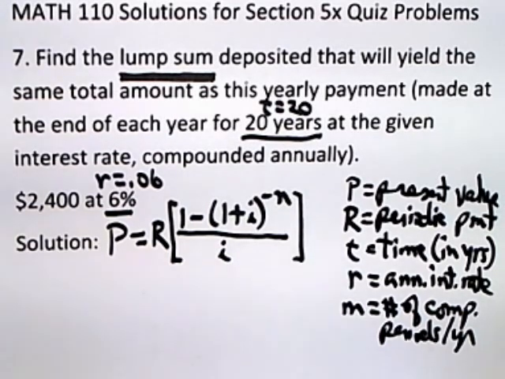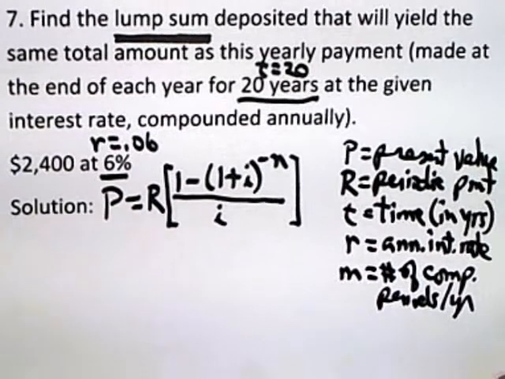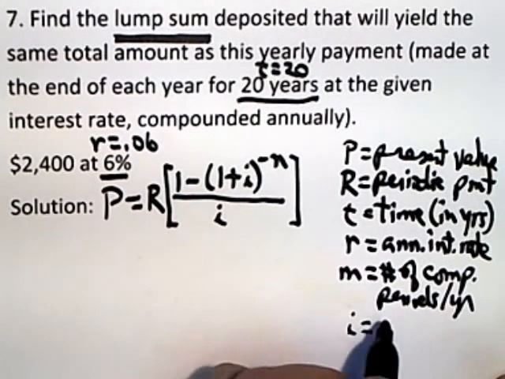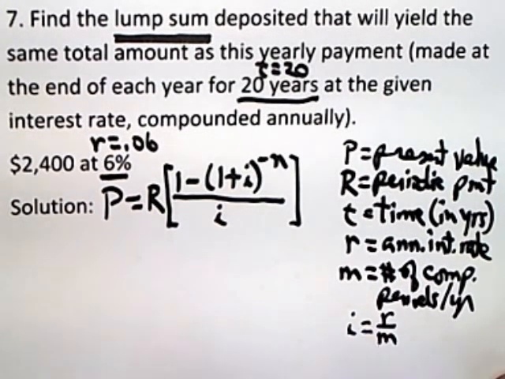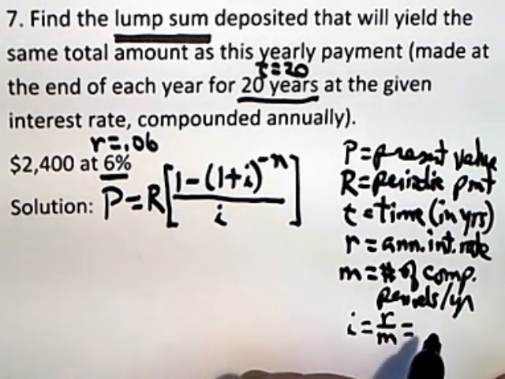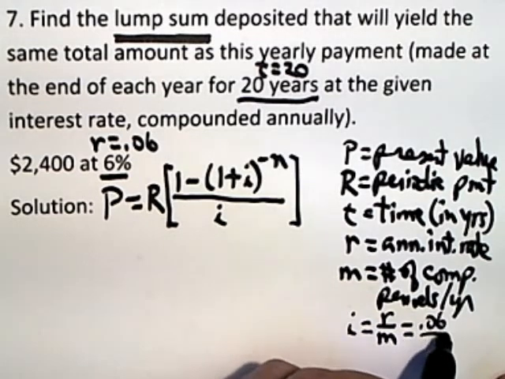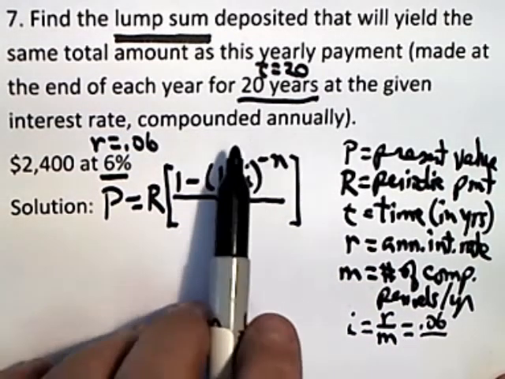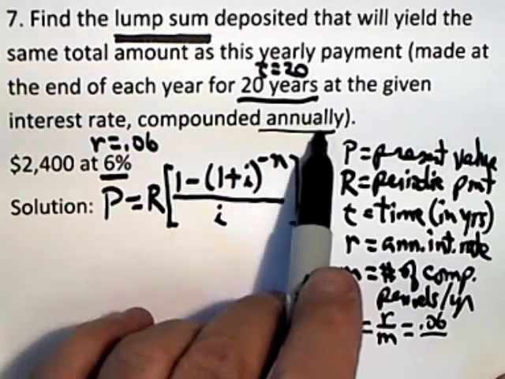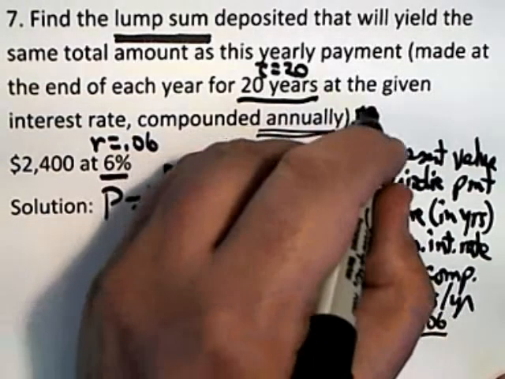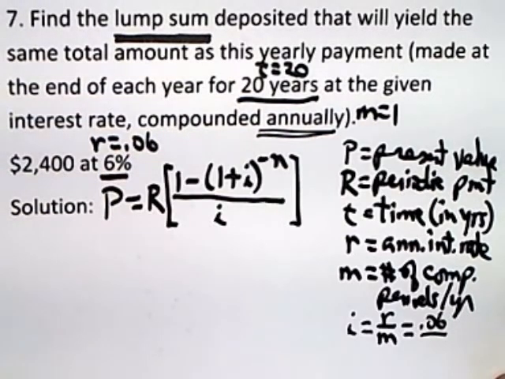And of course, once we know all those things, we can calculate little i and little n. Little i, the interest rate per period, is the annual interest rate divided by the number of compounding periods per year. So in this case, that would be 0.06 divided by, now let's look, it's compounded annually, that's once a year, so m is equal to 1.